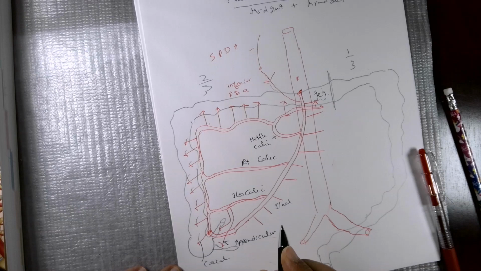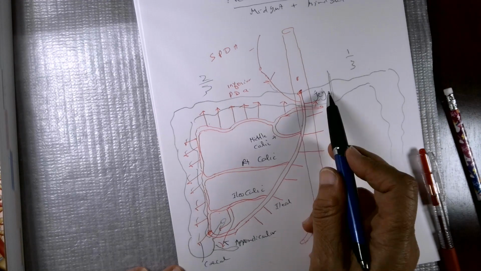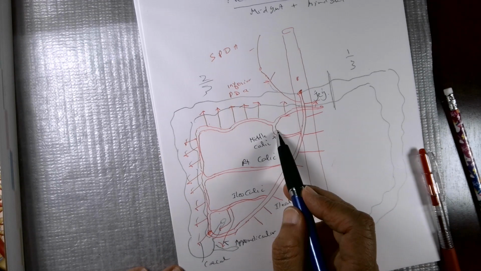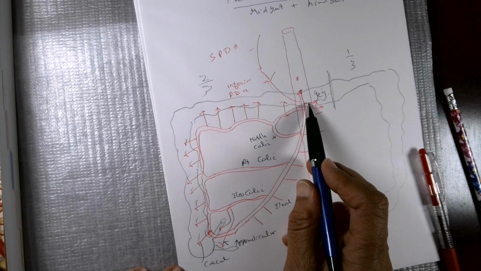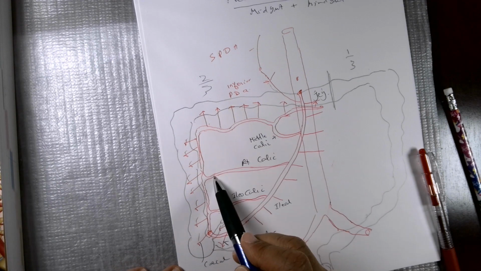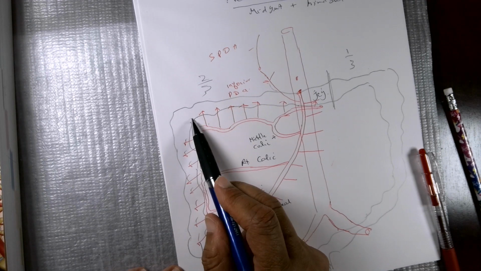Okay, but you can notice here that for middle colic, you can identify the territory of each, or the area supplied by each of them. Here is middle colic supplying the right 2/3 of the transverse colon and right colic flexure. Right colic supplies the upper 2/3 of the ascending colon and the colic flexure.